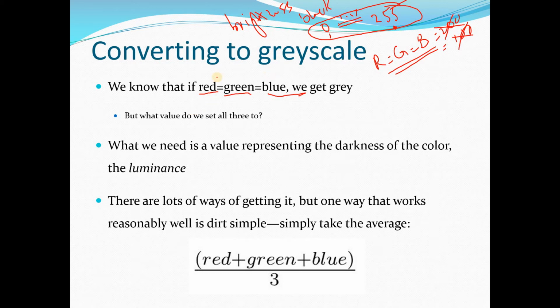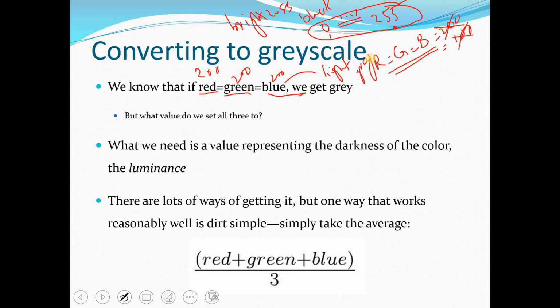If the color value is high, for example it is 200 for all three of them, then you will get a light gray color. Remember, if the color value is high, the color is light.